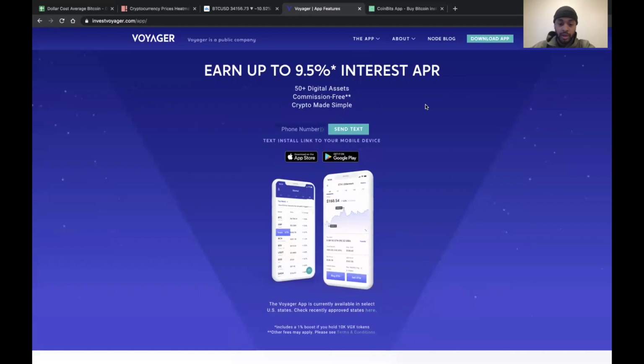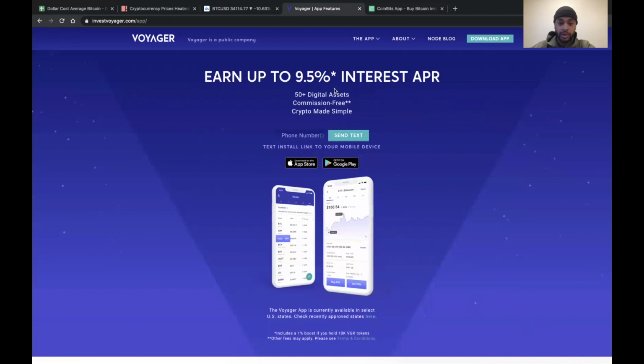So I'm trying them out. I could switch at any time, but I figured I'll give this a try. It's simple. You just set it up, like I said. Once you set it up, you set it and forget it. You set it to whatever day you want, however much you want to invest, and that's it. It does it for you automatically. You don't have to worry about it. So I'm going to be using this going forward and see how it works.